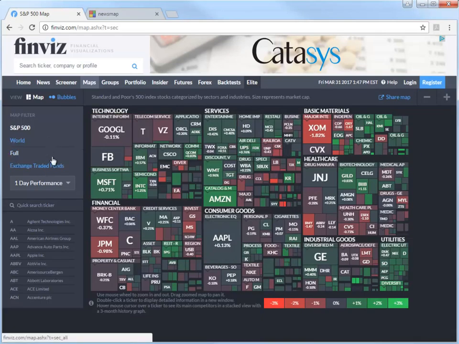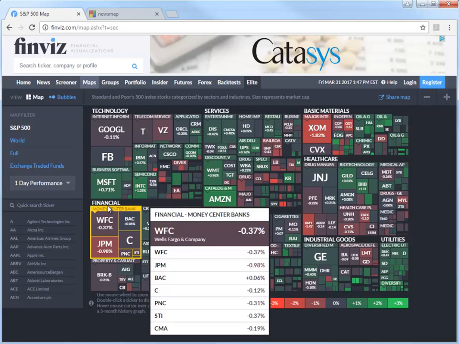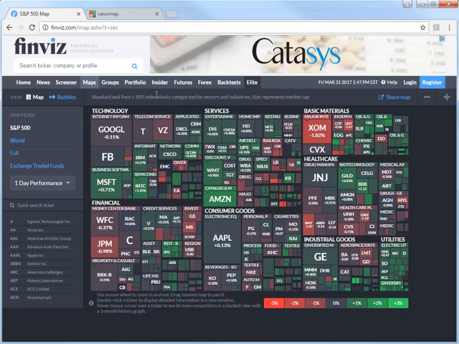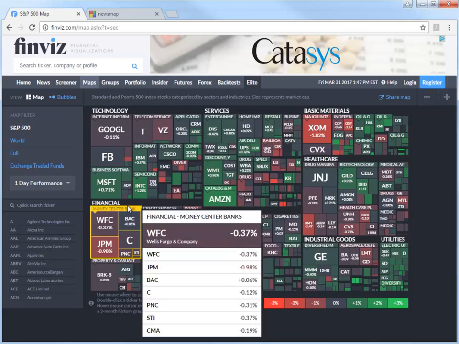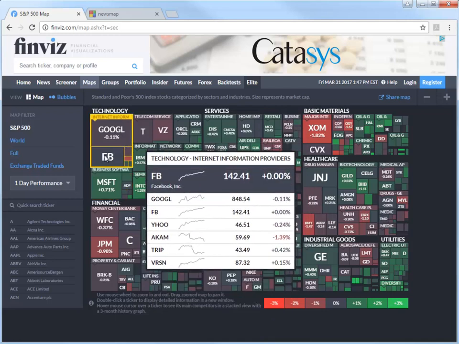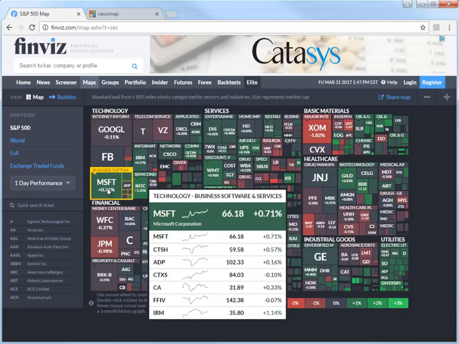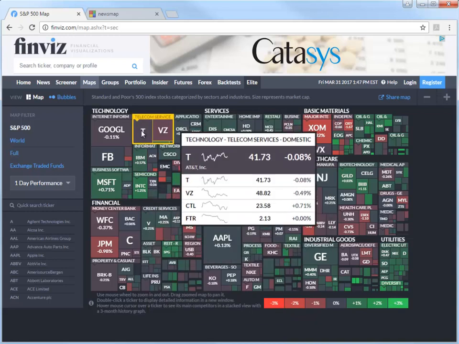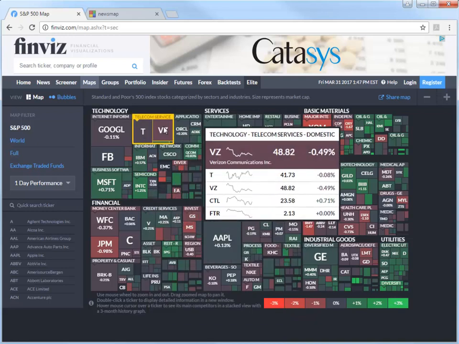the S&P 500. You'll notice the different industry sectors. So we have technology, services, basic materials, consumer goods, financial. So that's the industry, and then within it, we have our companies. So here we have Google, Facebook, Microsoft, AT&T, Verizon.